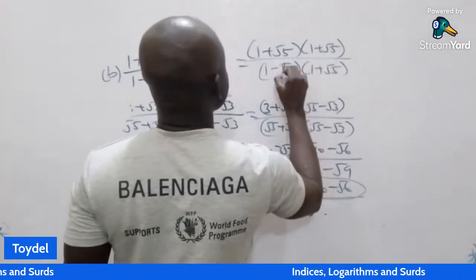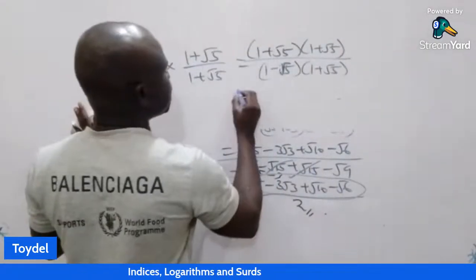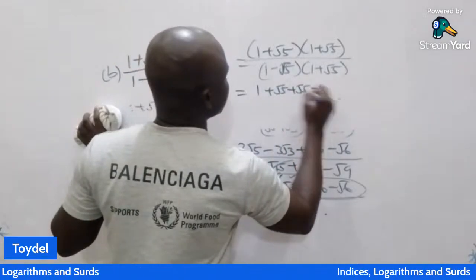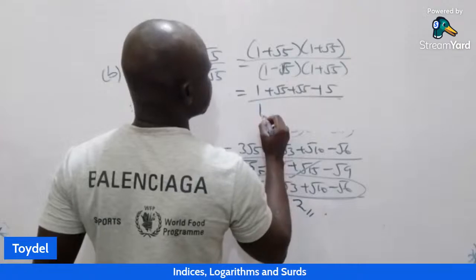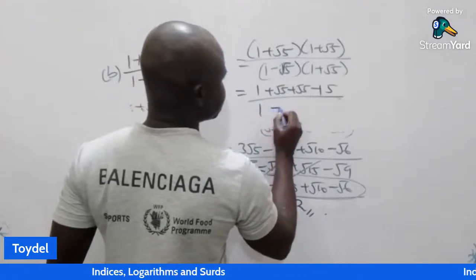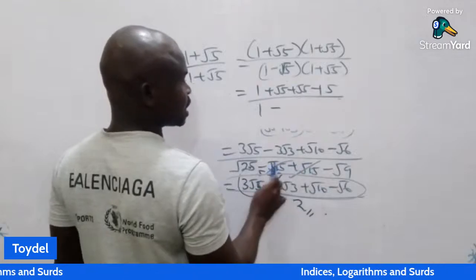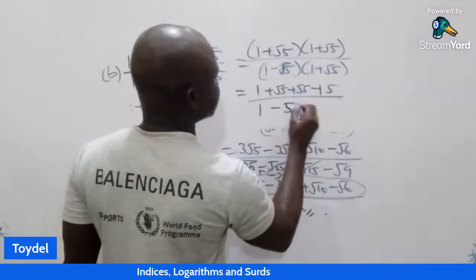The conjugate is minus. So from there, what do we get? We are going to have 1 plus root 5 plus root 5 plus 5, all over, if I open up, the middle terms cancel out. Just square the first one minus the square of the second one, minus 5.